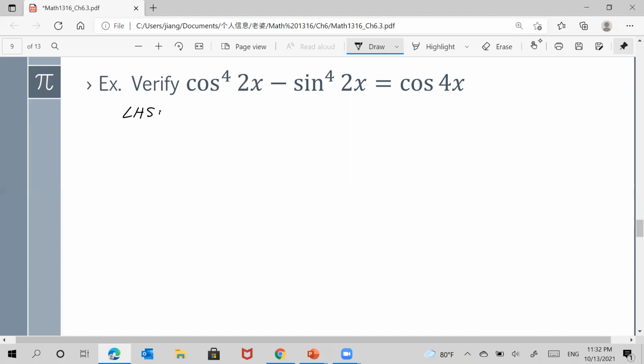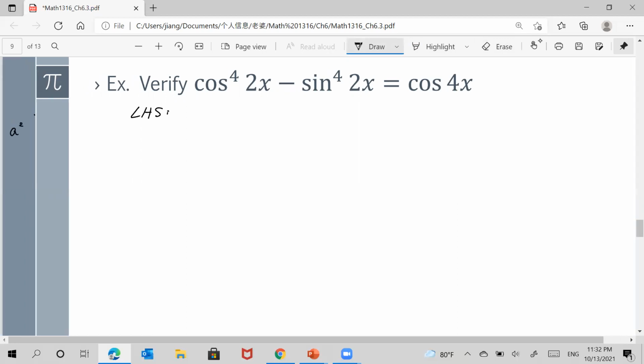We can use the power reducing formula, but another one is easier to reduce the power. That's the conjugate formula. That's a squared minus b squared equals a plus b times a minus b. So we reduce the square to the two terms.